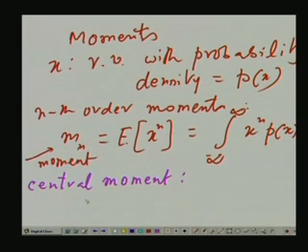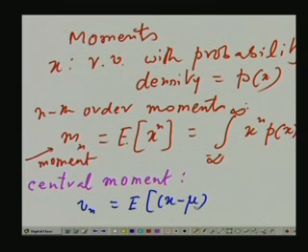Here central moments we define as say V n, which is nothing but E of x minus mu to the power n, where mu is the mean of x, or mu is equal to m 1. So, instead of taking x to the power n, you take the deviation x minus mu, raise it to the power n, take its expected value, that is V n, which actually is nothing but this.